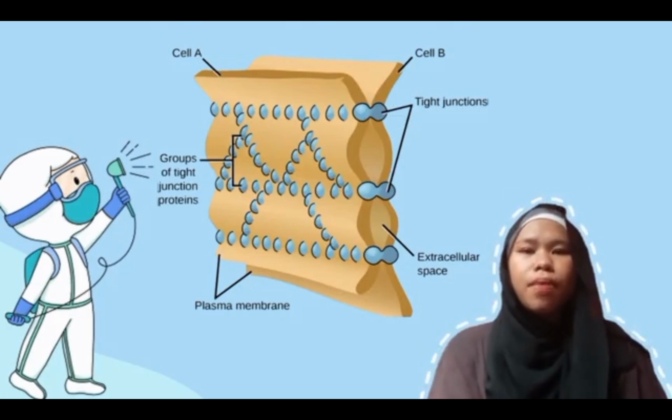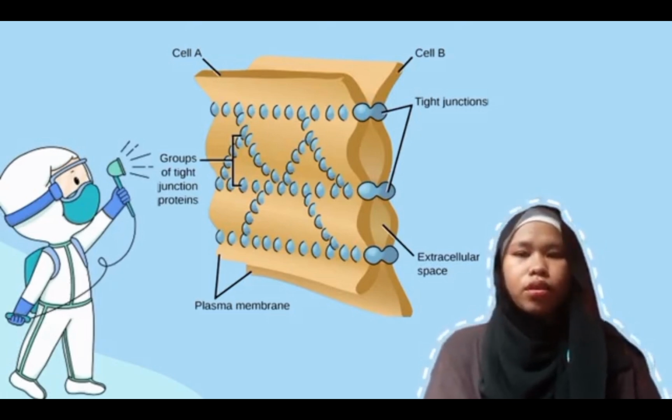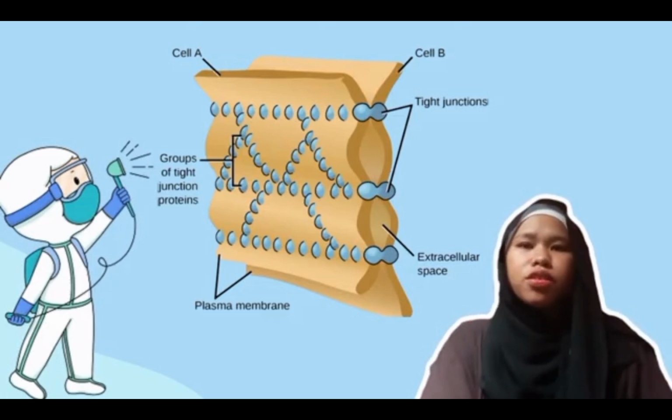And also there's a plasma membrane. This is the outer boundary of each cell. The tight junction is formed by proteins embedded within the plasma membrane of both cells. And also, there are groups of tight junction proteins.